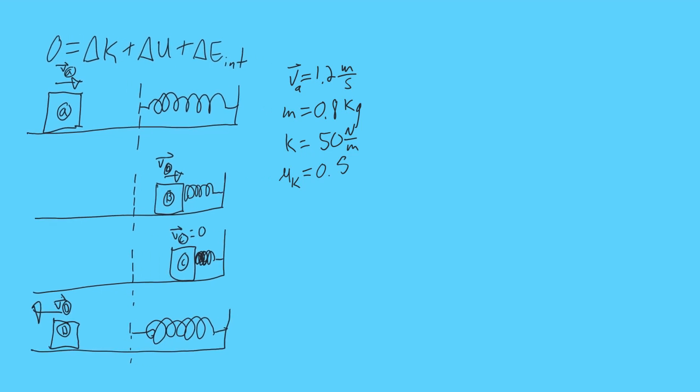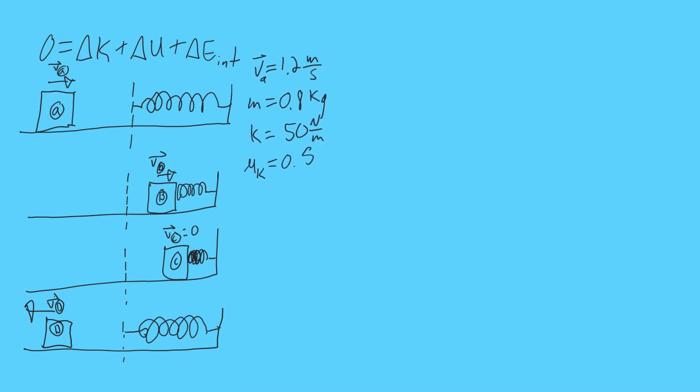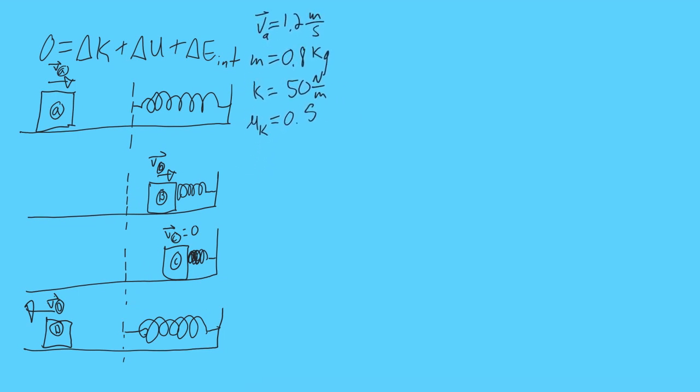So let's scooch this over just a little bit so that we've got a little bit more room. Okay. So let's draw the forces that are acting on our block. What we want to do is find the maximum compression of our spring.